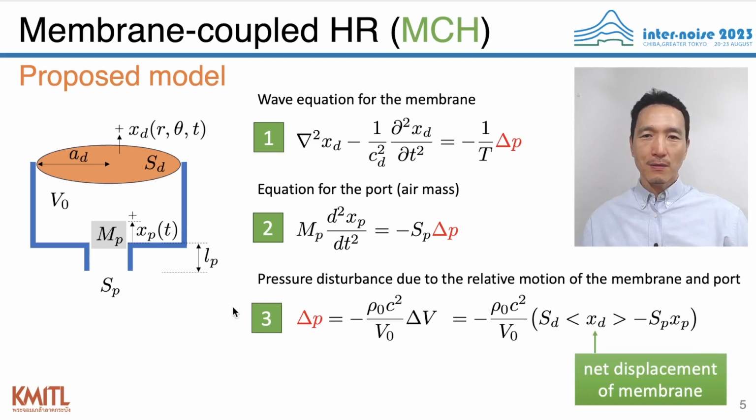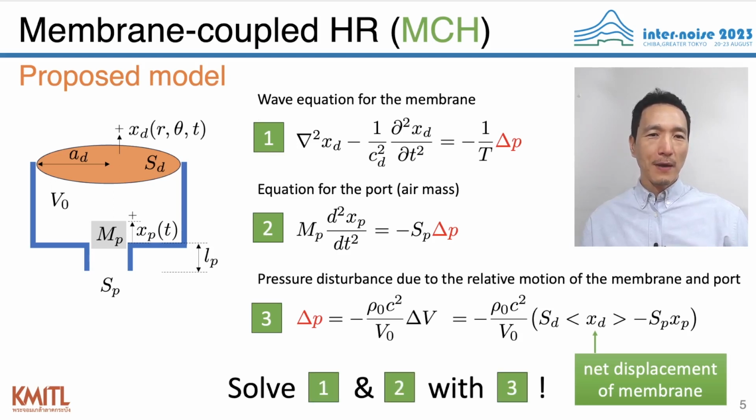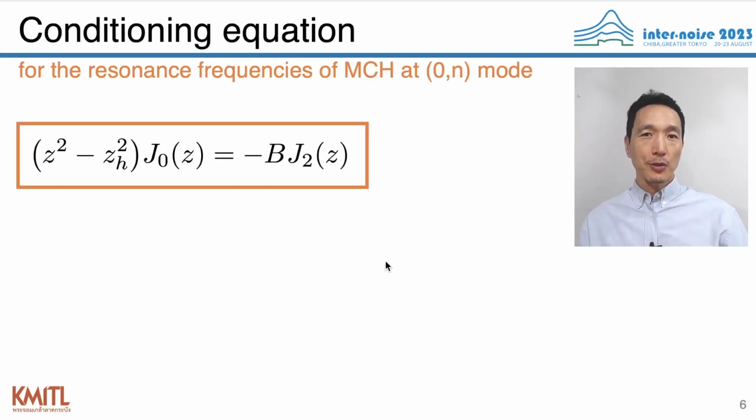By using the third equation for delta p, we can combine the first and the second equations and decouple x_d from x_p. And solving the decoupled wave equation, we arrive at a conditioning equation, which is shown here on the next slide.